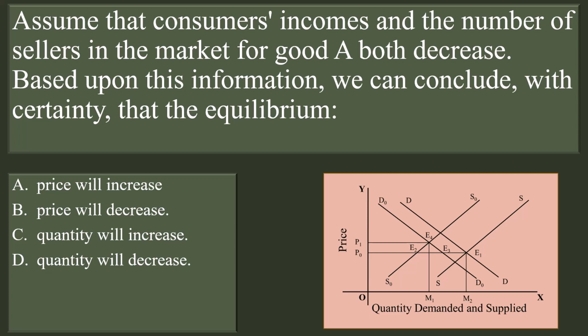The new price P1 is higher than P0. There is an increase in price. The new equilibrium quantity is M1. It is less than M2. There is a decrease in equilibrium quantity. So the net result is a decrease in quantity and an increase in price.